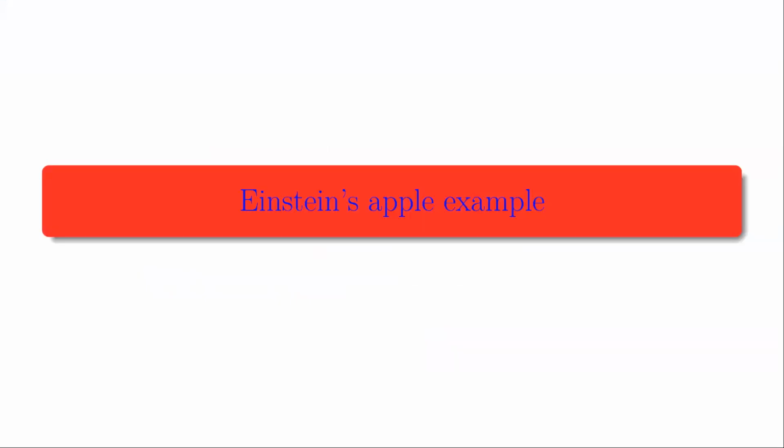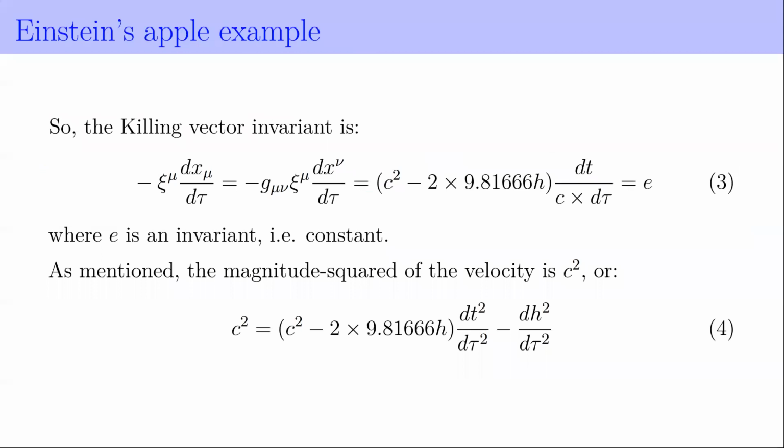So using the Killing vector, we say that the Killing vector times the velocity vector, which you can write up here, is a constant.